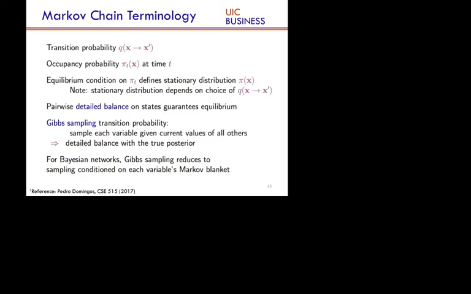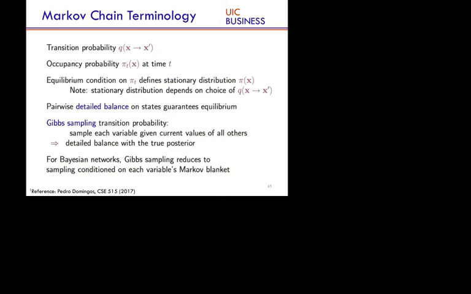Start from whichever state you want and tell me the probability of reaching a particular state x prime after 100 steps. That's what pi t of x is, the occupancy probability. And pi t defines the stationary distribution pi of x if you choose an appropriate choice of Q.